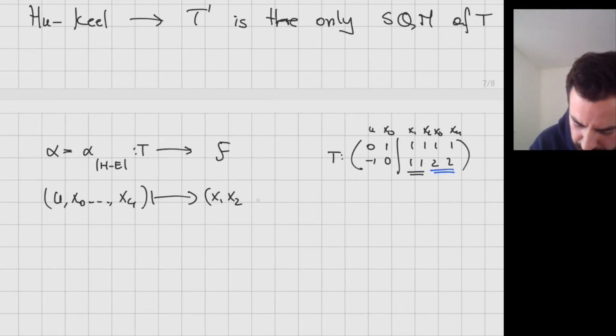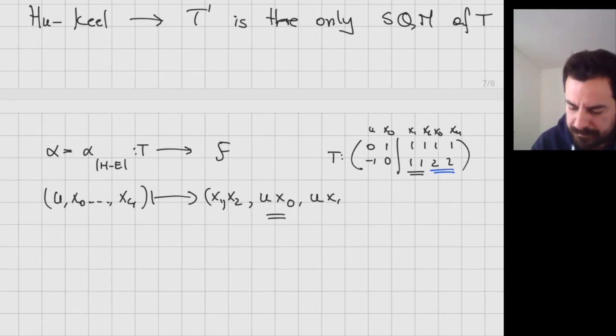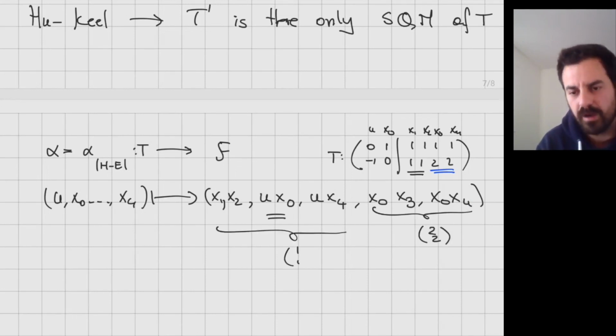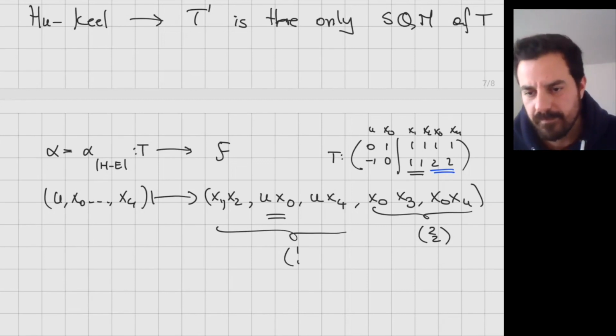Then I have u x0. This has degree 1, 1. And I have u x4. And then I have x0 x3 and x0 x4, both of degree 2, 2, and all of these of degree 1, 1. Okay.